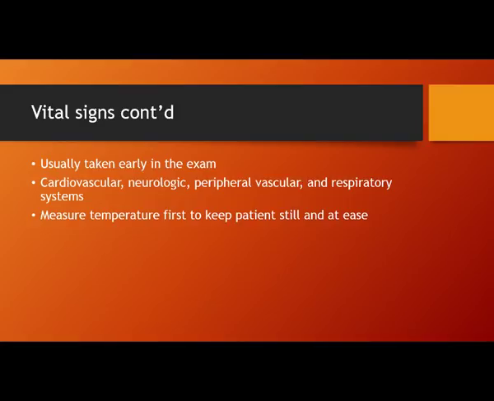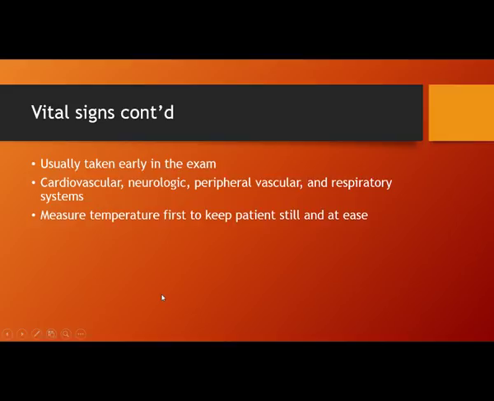The vital signs are going to give you information specifically about the cardiovascular system, but also about your neurological system, perhaps the peripheral vascular system and respiratory system, and they can certainly give you information about other systems as well. But they're going to be particularly useful for those systems that I just mentioned.